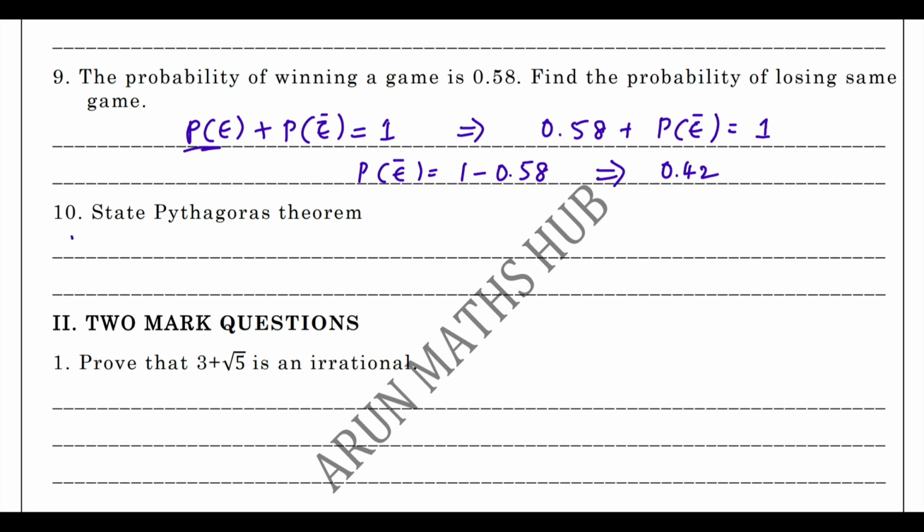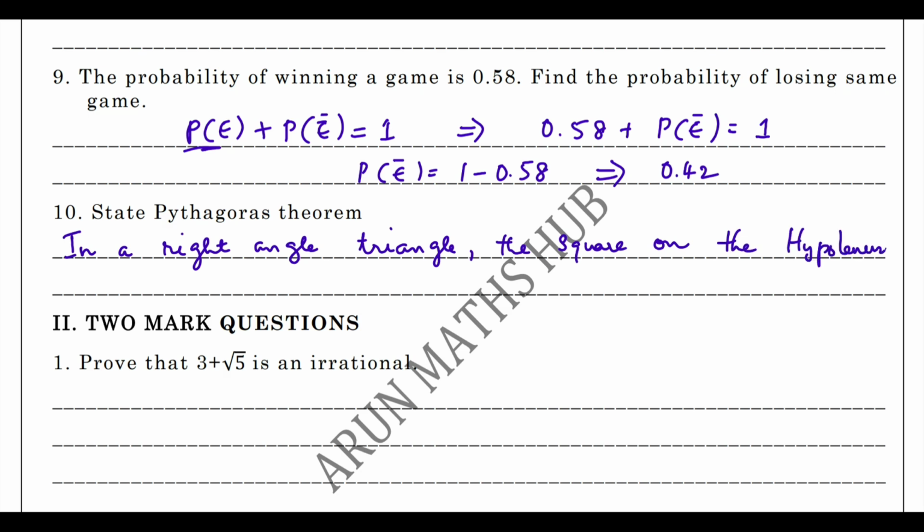In a right angle triangle, the square on the hypotenuse is equal to the sum of the squares of the other two sides.